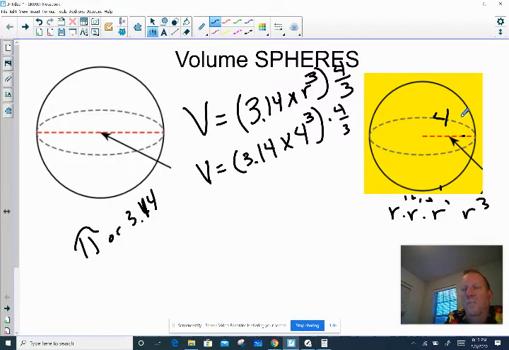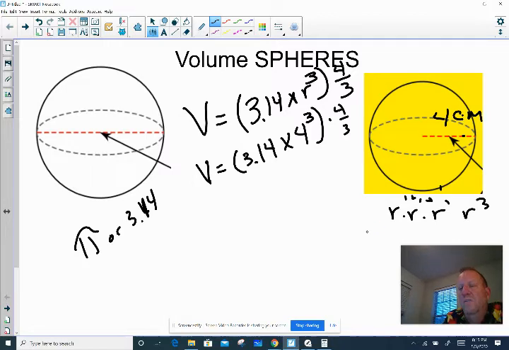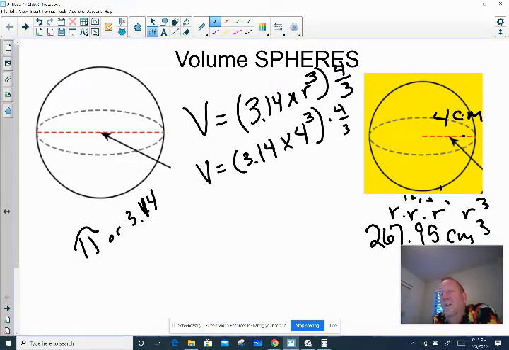Let's call these centimeters. We always round to the hundredths, so that means the second digit, but the 3rd digit is a 6, so we're going to round it up. So we get 267.95 centimeters cubed. That's how we use the formula.